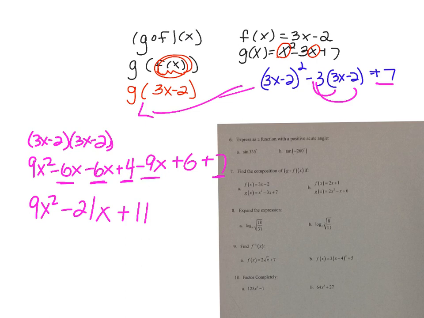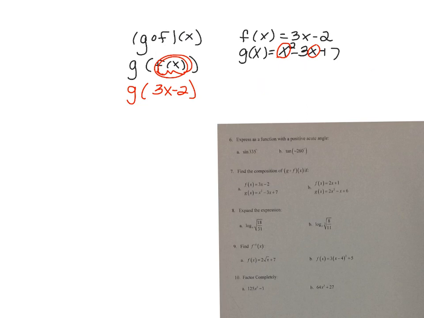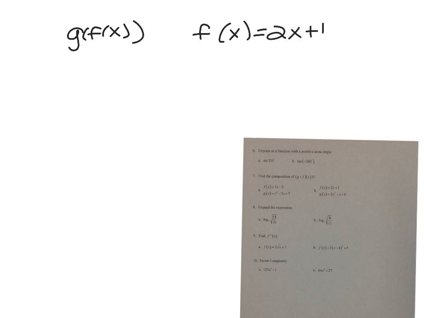All right, let's take a look at B. We're doing the same thing, it just has different functions. So it's g of f of x. F is 2x plus 1.